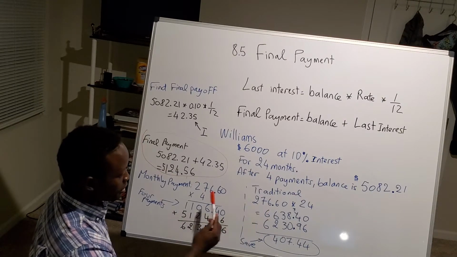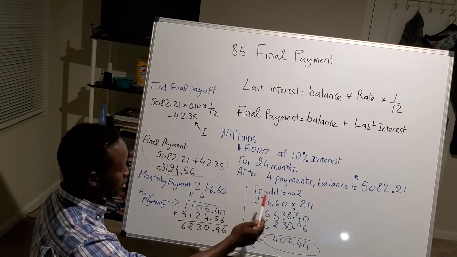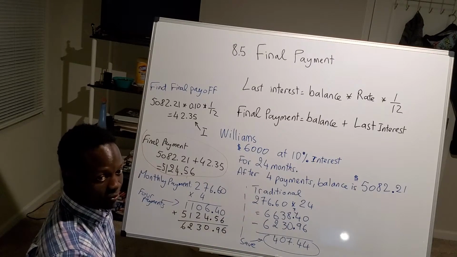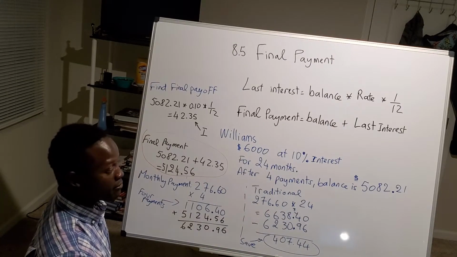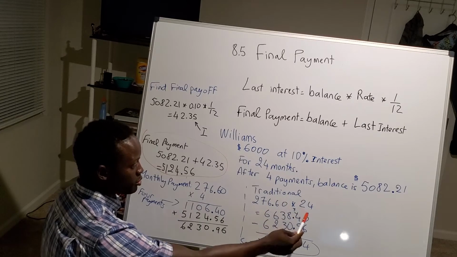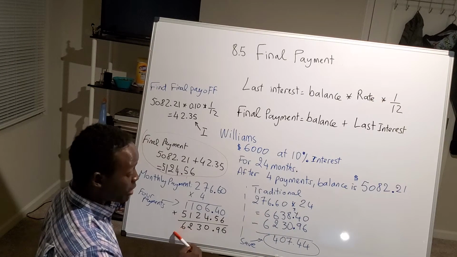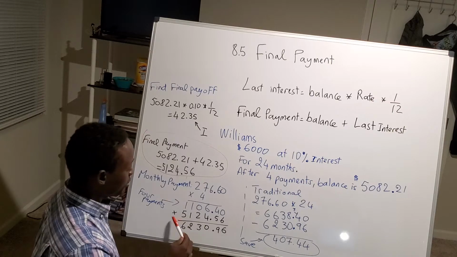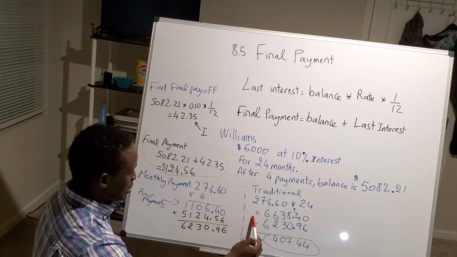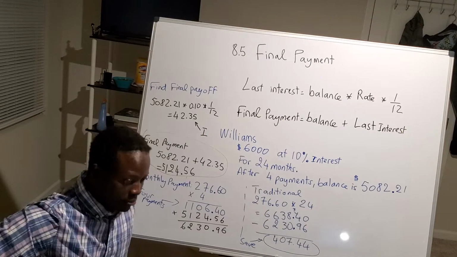Then you go traditional: 276.60 times 24 months for 2 years, or 60 months for 5 years, whatever they ask you. You multiply that, and then you subtract it from the total payments with the payoff, and you will get how much you would save.